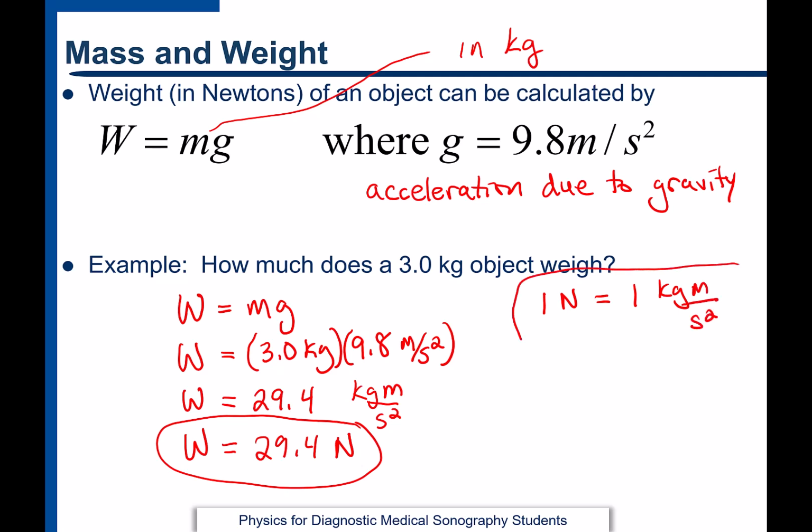So that's the definition of a newton. And the key thing to remember is, as long as you put your mass in kilograms and the acceleration in meters per second squared, when you multiply them, you automatically get the weight in newtons.